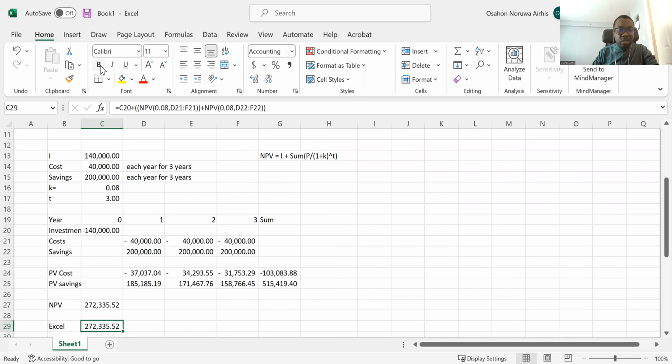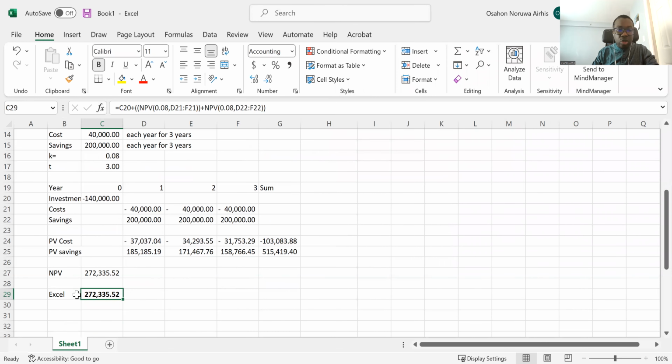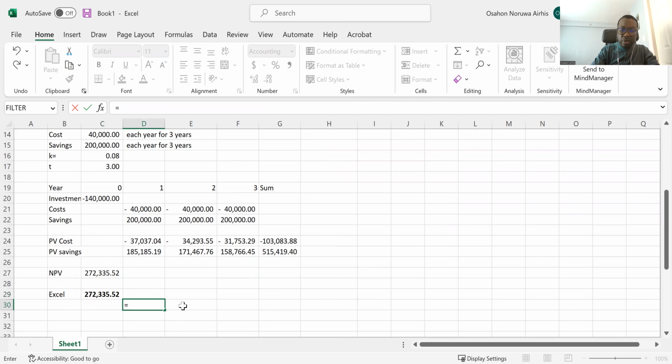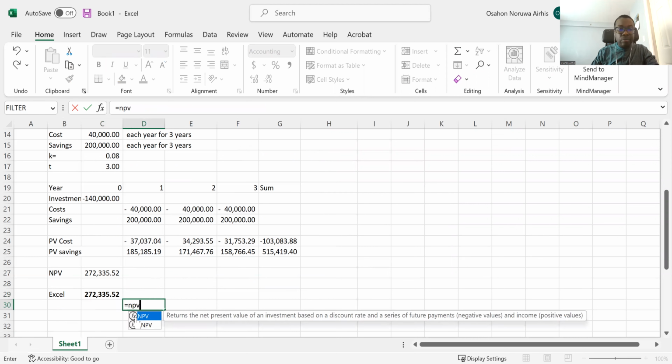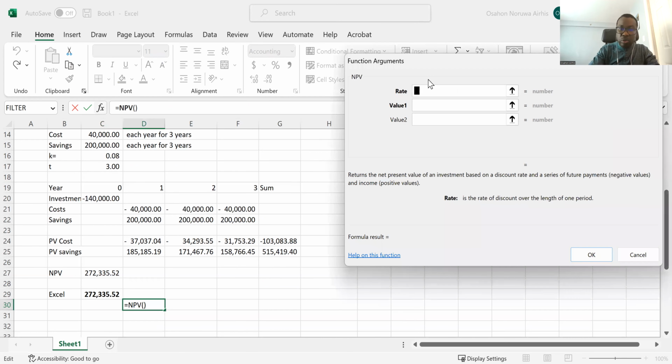I'll show you guys. What I've done is to do the NPVs for these cash flows together, but I could have done them independently. So in other words, I could have done the NPV for the cost, which is 0.08.